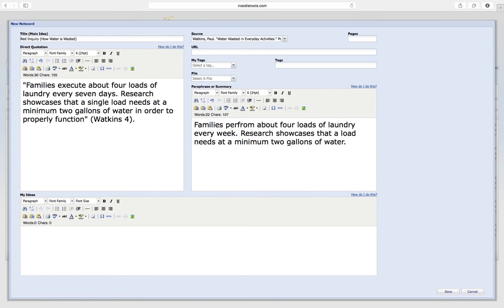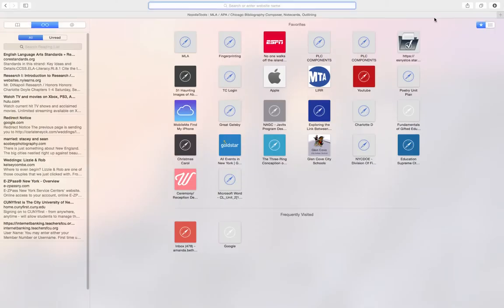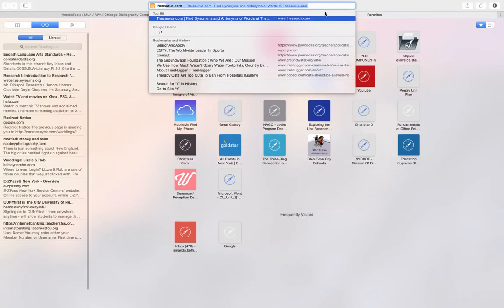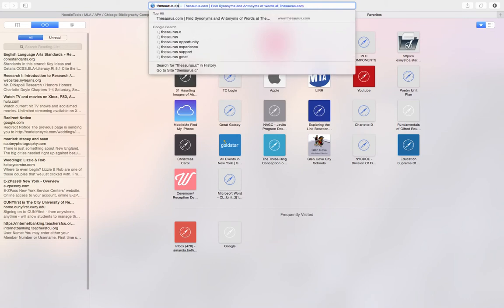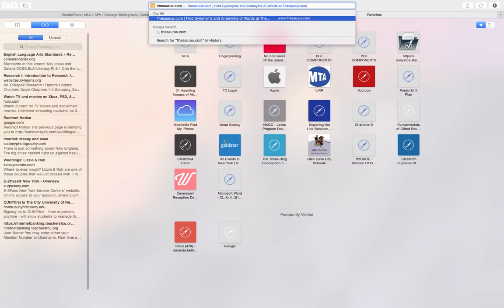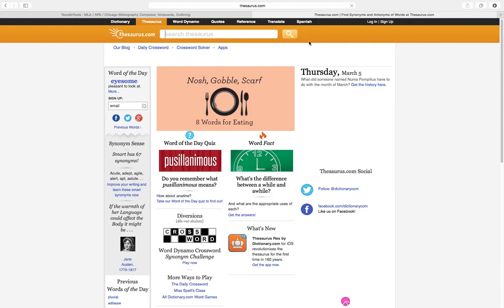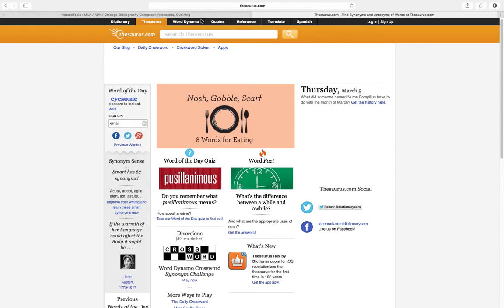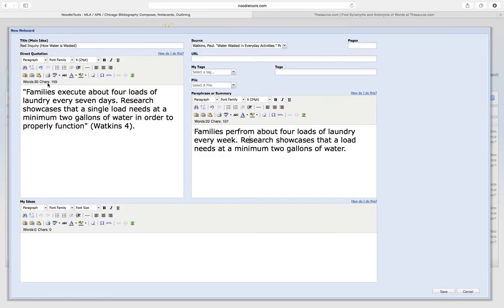Okay, so let's say I want to go to thesaurus.com. So let's go back and forth here. So I don't want to start off with the word families, right? I don't even want to start with families because to start up here, let's use the first skill. Let's reorder.